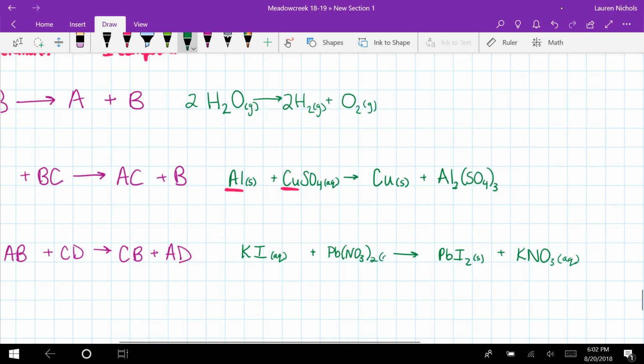Oh, and this is an aqueous solution as well, so when we balance, this should be a 2, and so should this. Okay, and so we have the potassium and the lead swap places.